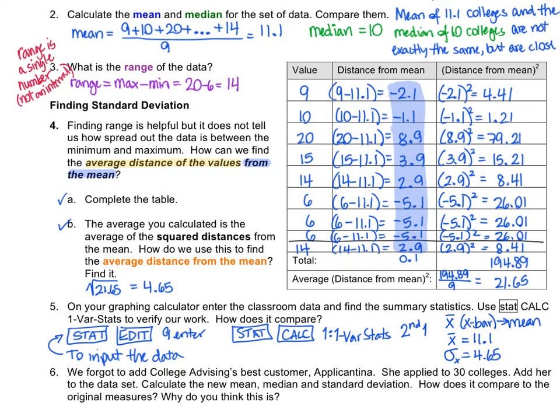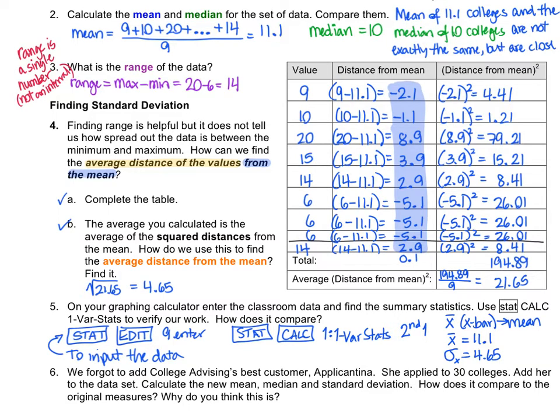But if we were trying to figure out a number that would represent the whole senior class at our school, and our class is just a sample of that group, of that population, then we would use the S number, the 4.94. So I just wanted to draw your attention to that.